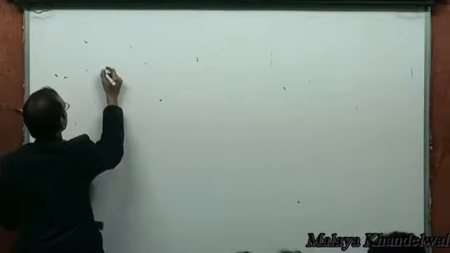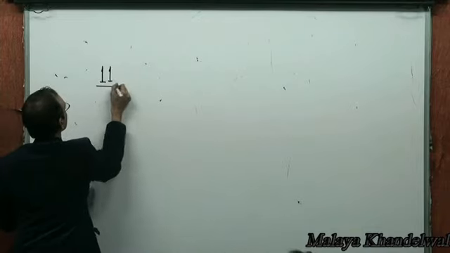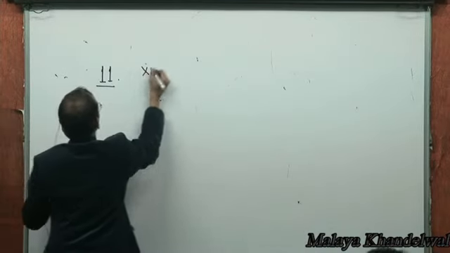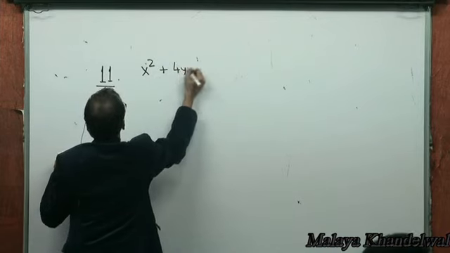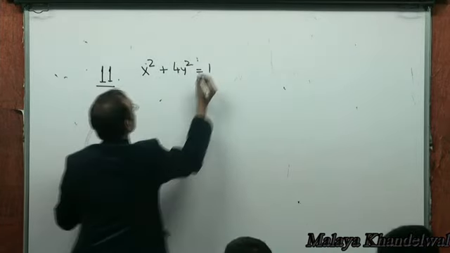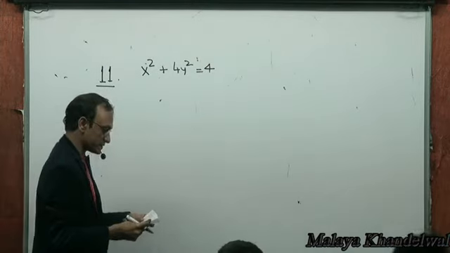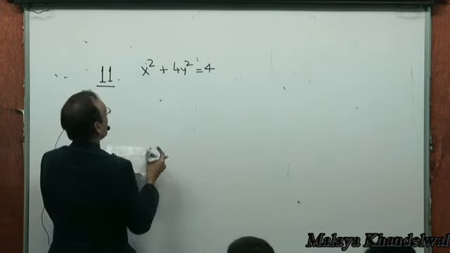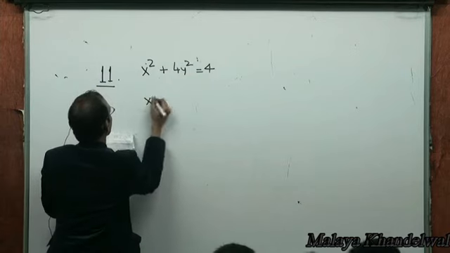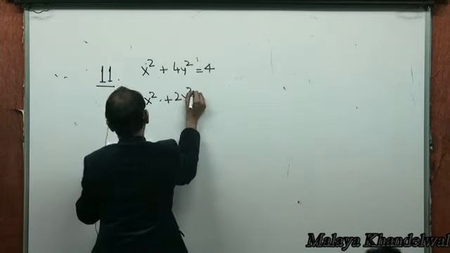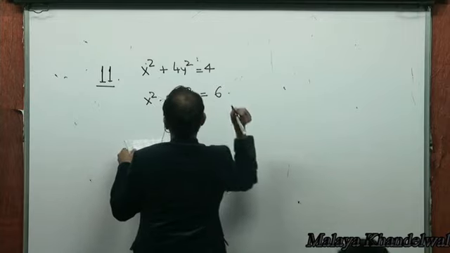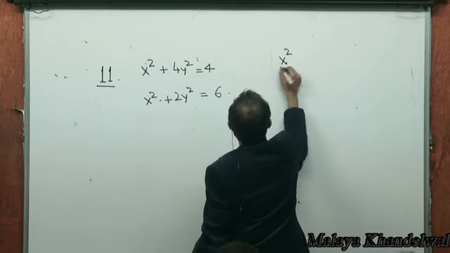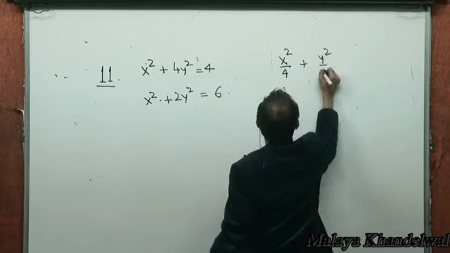Number 11. There is an ellipse x squared plus 4y squared equal to 4. That's one ellipse. And there is another ellipse, x squared plus 2y squared equal to 6. This ellipse is x squared by 4 plus y squared by 1 equal to 1.